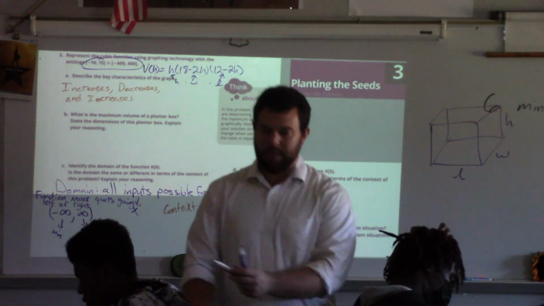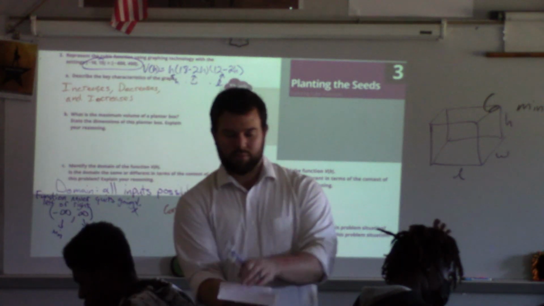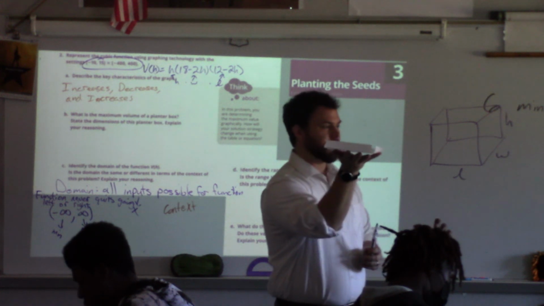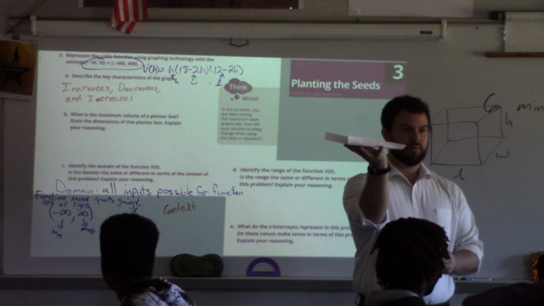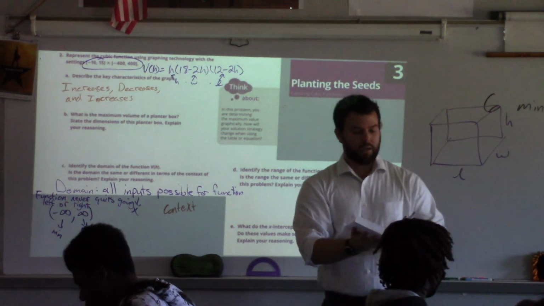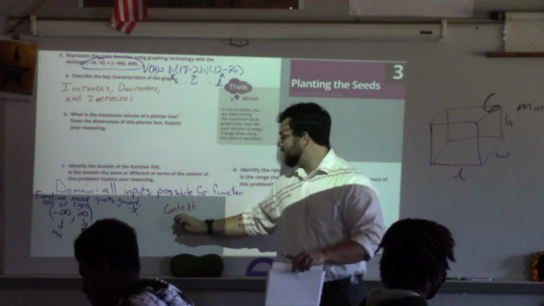Remember, we are talking about this box we're creating, this sheet of paper that we cut pieces out of. What is the smallest amount that I could cut out? Not 1, not 2, how much? 0. I could just not cut anything. So the domain in the context would start at 0.